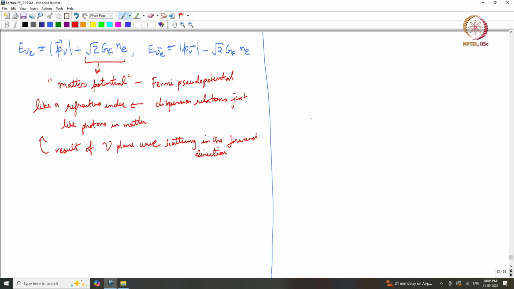Another way to express it is in terms of dispersion relations and refractive index. All the intuition from light propagation applies here. And this now would modify the oscillation probability. Why?